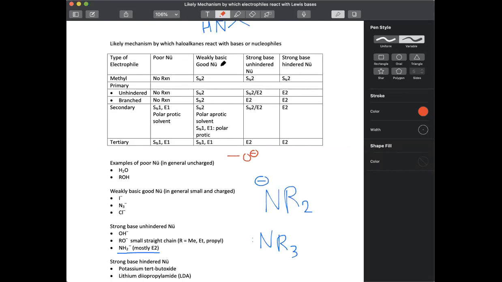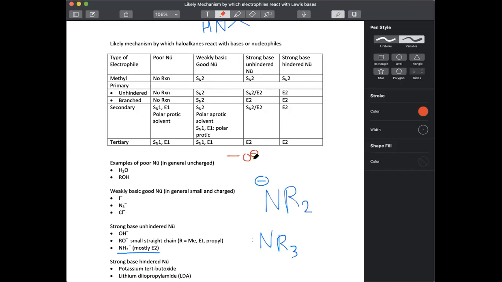Poor nucleophile, weakly basic, good nucleophile, which of these? It's not a poor nucleophile because of the charge. It's not hindered because there's just a methyl on there. So now it's between these two strong nucleophiles, but now you can determine, is it a strong base or a weak base?